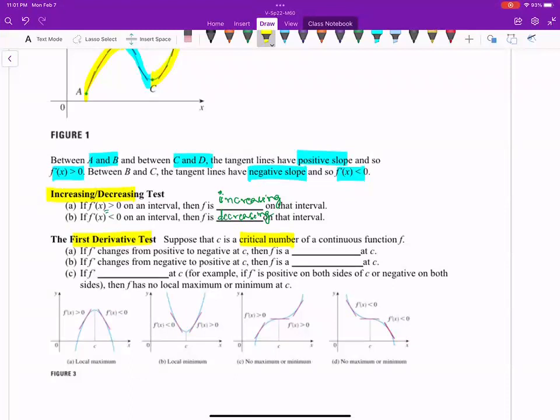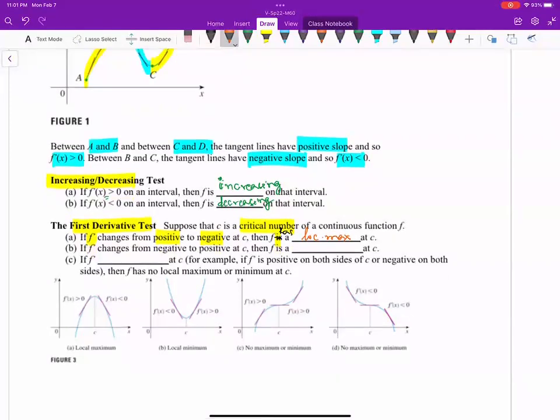If the sign of f prime changes from positive to negative at c, then f has a local maximum at c. If f prime changes from negative to positive at c, then f has a local minimum at c.